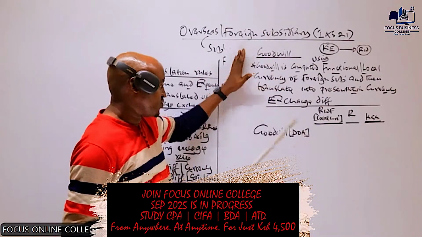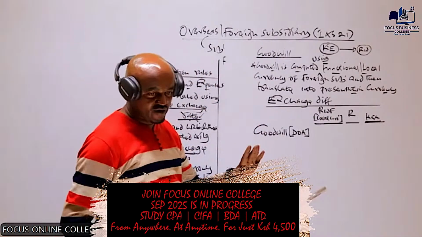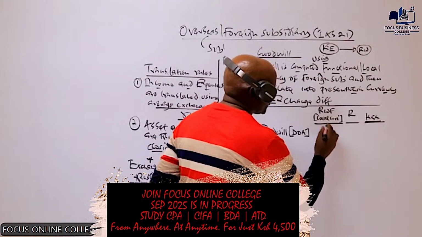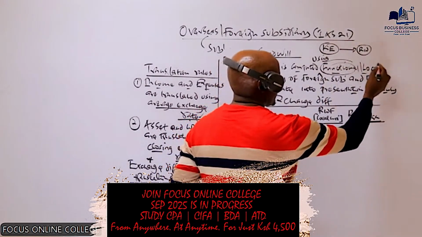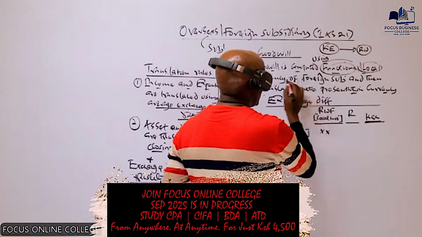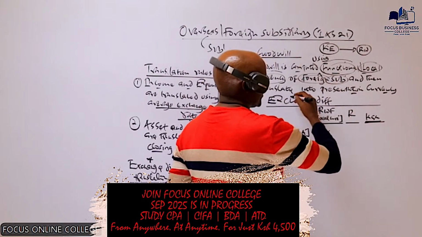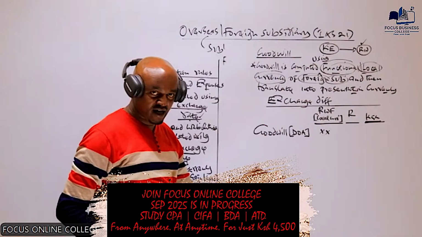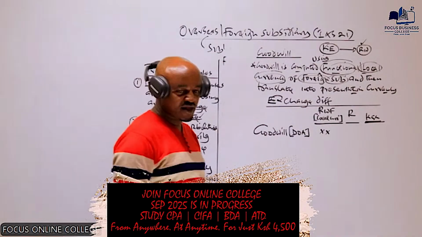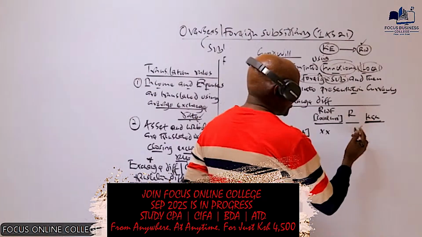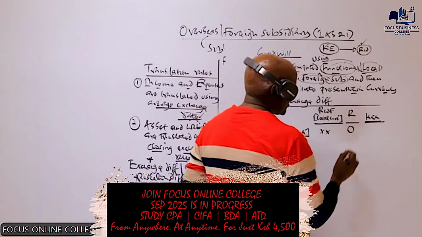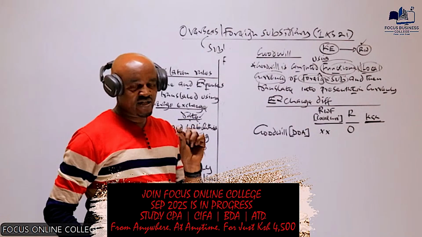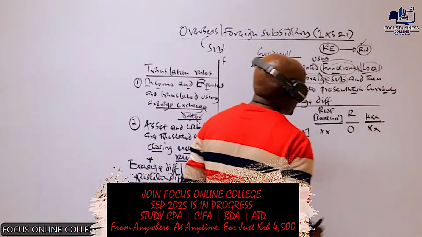So we compute this goodwill on the date of acquisition, at the start of the current year, always using the functional or local currency of the foreign subsidiary. If the subsidiary is operating in Rwanda, we compute that goodwill using the Rwandan franc. Then we translate that into Kenyan shillings using which exchange rate? The opening exchange rate, the exchange rate at the start of the year. We get the value there.